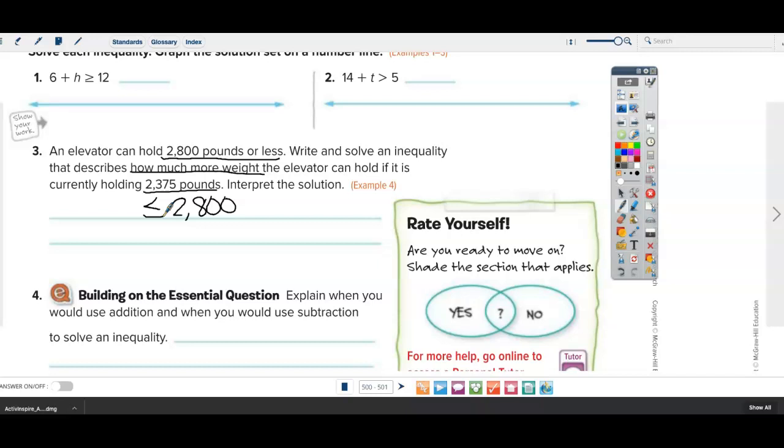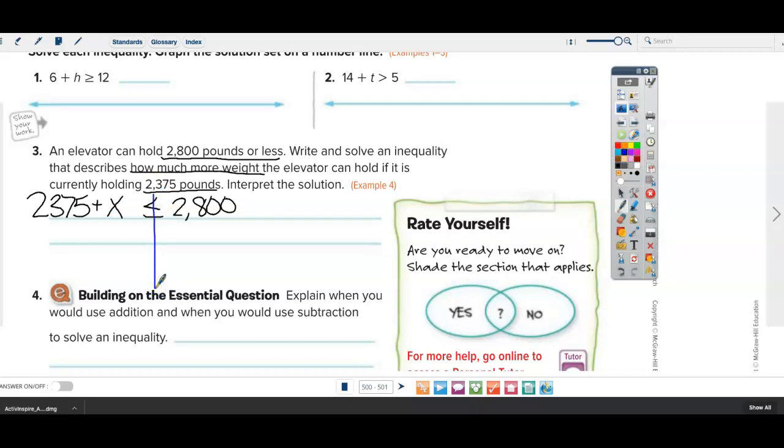Then we already have 2,375 pounds on the elevator, but we have an additional amount that we could put on there. We just don't know what that is, so we're going to call it x. So there's our inequality.